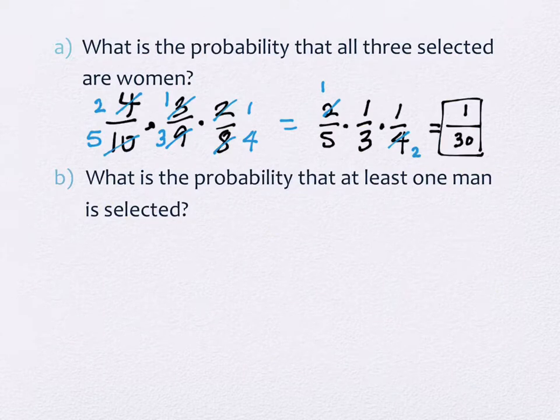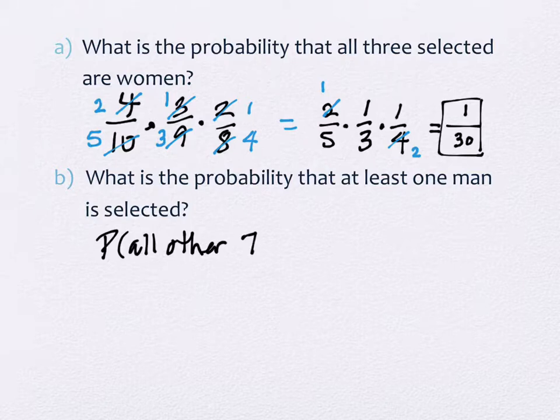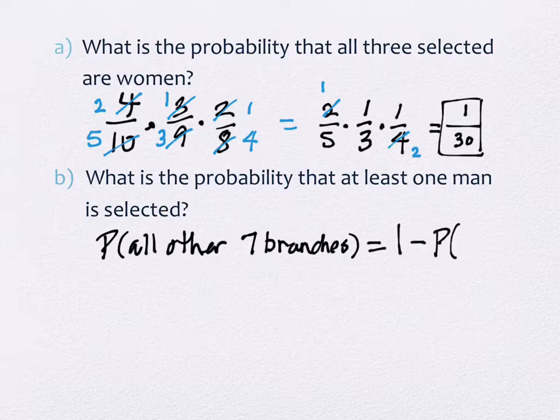So instead of adding up the probability of all other 7 branches, which is the way we just talked about it, instead we could do 1 minus the probability of the all female branch.